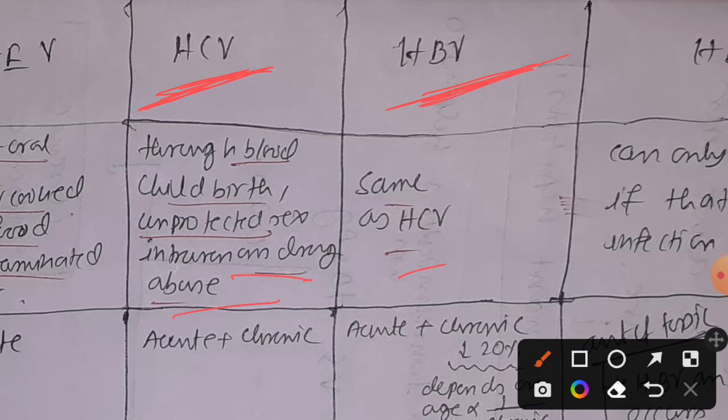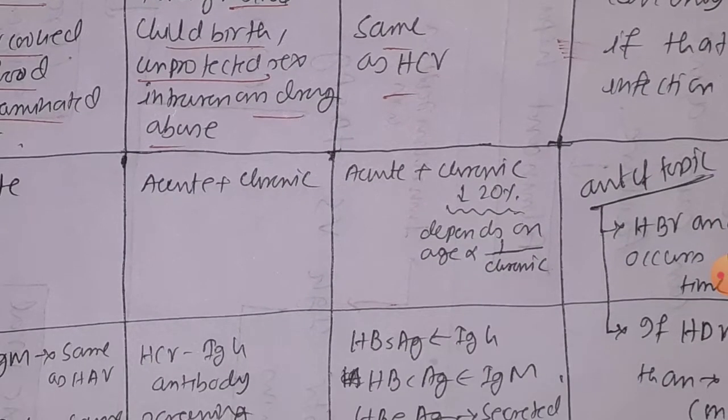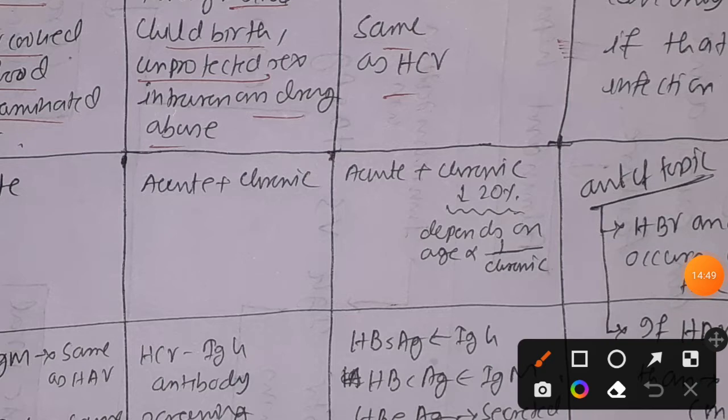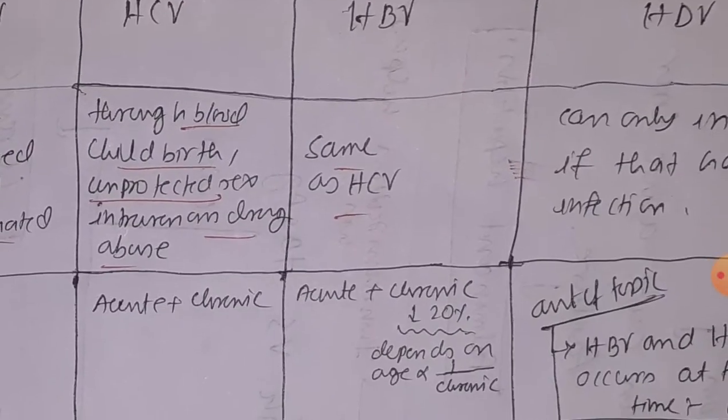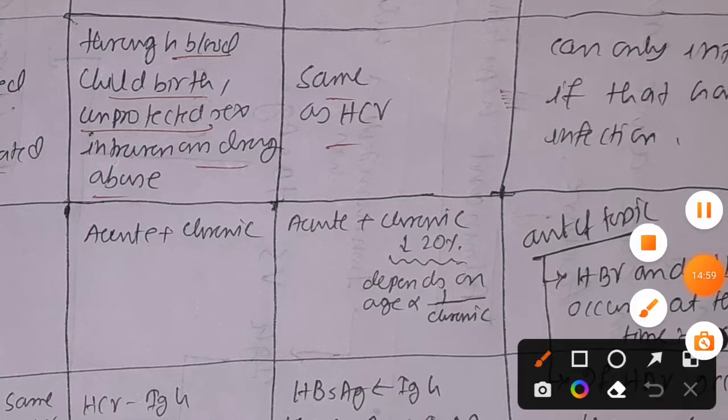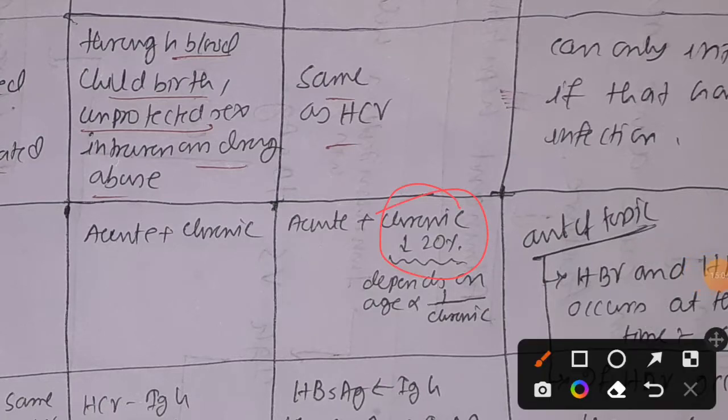There can be transmission of both hepatitis C and hepatitis B, and in both you may observe acute and chronic infection, but in hepatitis B virus the chronic infection is quite dangerous because the chance of chronic infection depends on the age.